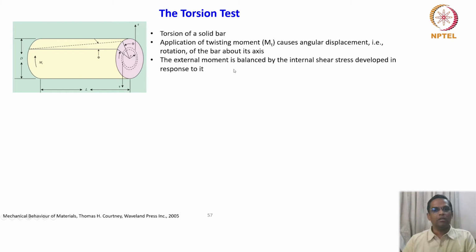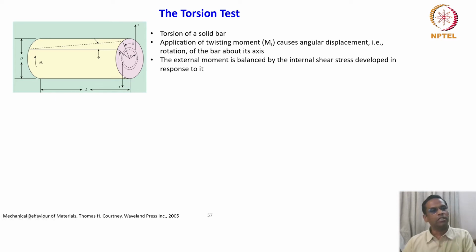The external moment is balanced by the internal shear stress developed in response to the external moment. So basically, the shear stress which is developed in the body resists the external moment. That is the idea. So these two are balancing with each other.